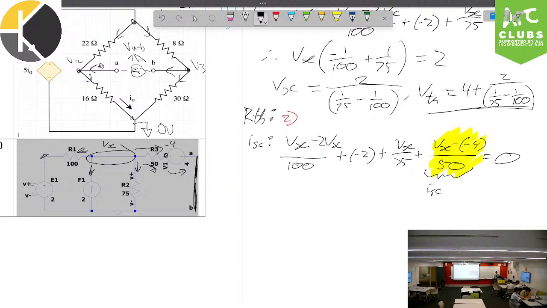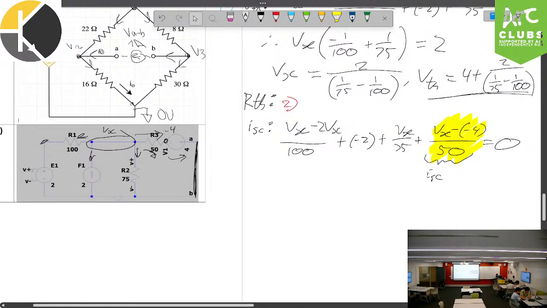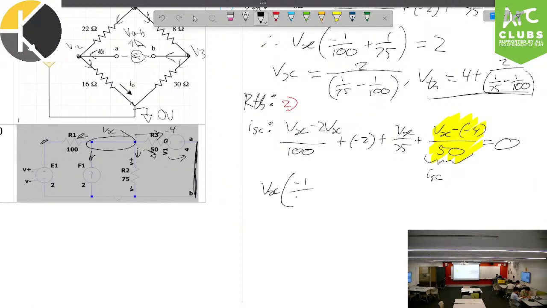And so, let's do it. So, what I'm going to do first is group my Vx's. I end up with minus 1 on 100 plus 1 on 75 plus 1 on 50. Chuck everything over to the other side. What do I get?